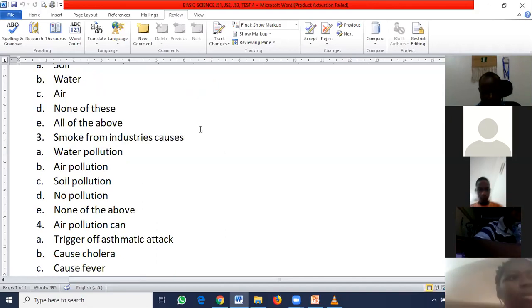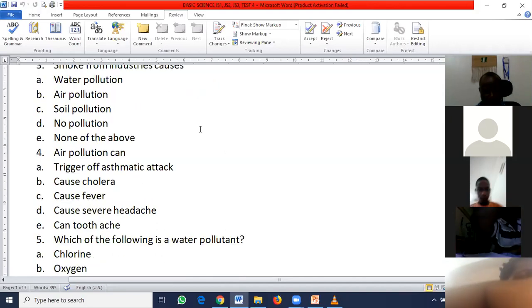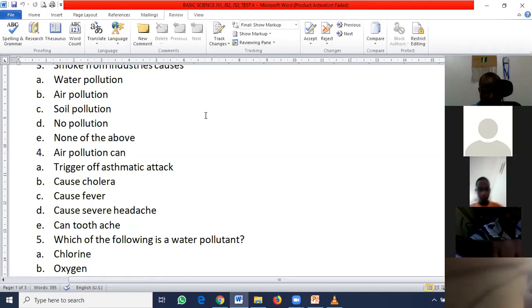Number 4 now. Air pollution can: A, trigger asthmatic attack, cause cholera, cause fever, cause severe headache, or cause toothache? A, yeah, I'm seeing A, trigger of asthmatic attack.